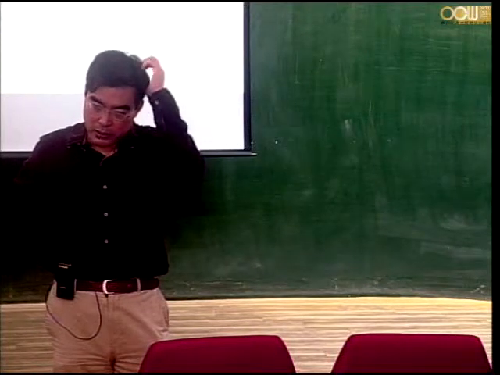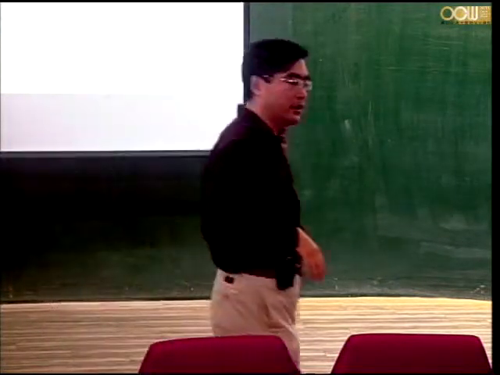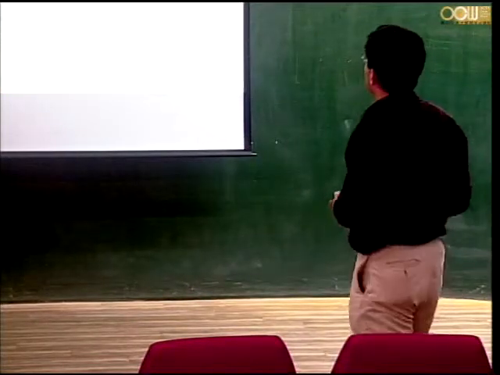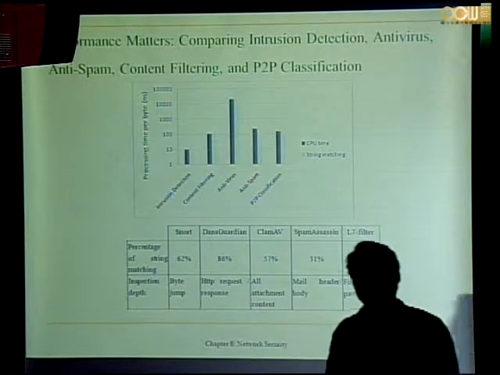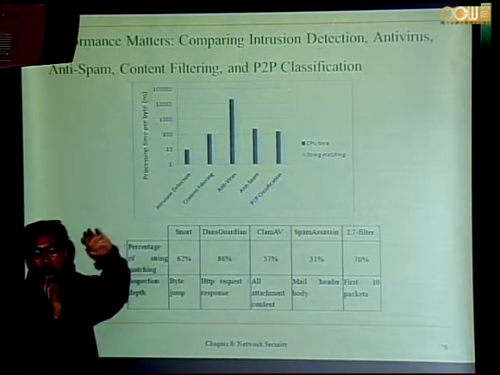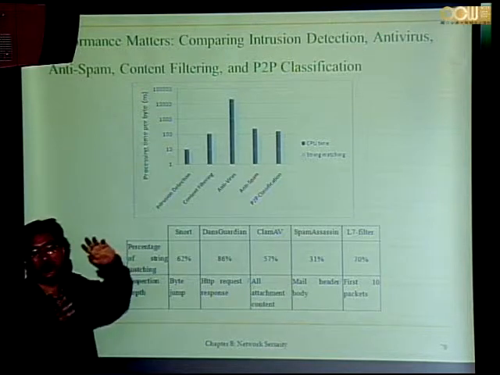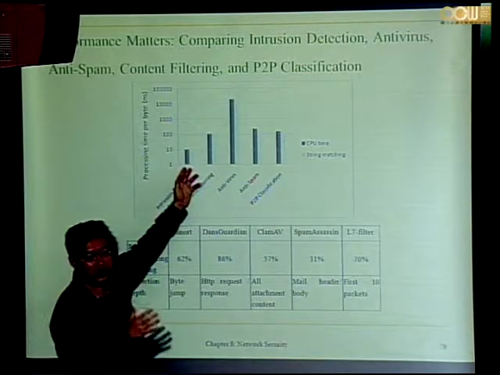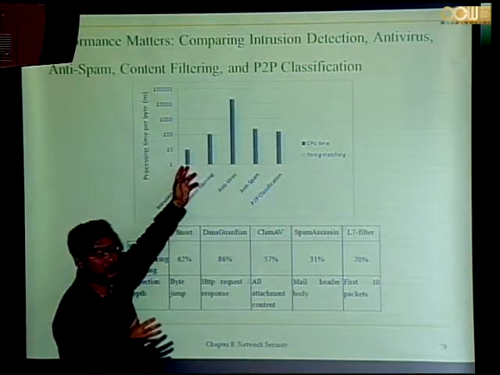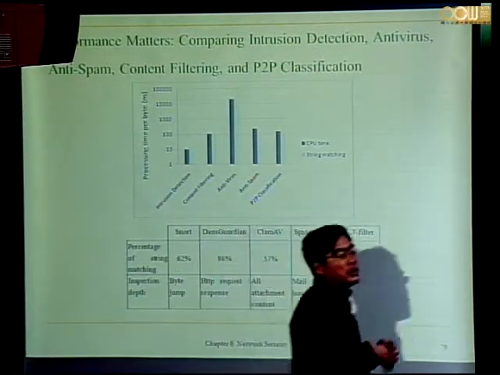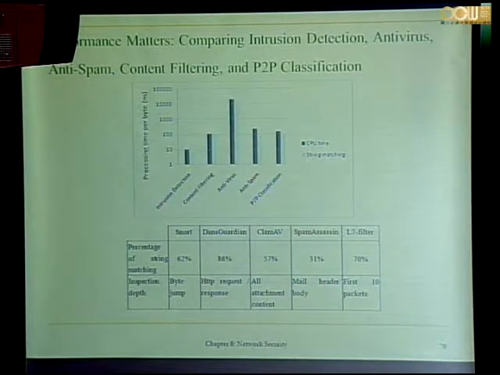So if you normalize by the traffic passing through, then of course antivirus will be the highest. Intrusion detection is very small because not every byte needs to be scanned, just the bytes in the application header, not the application payload. So the percentage of bytes being scanned will be small, which means the time spent on average per byte will be small.